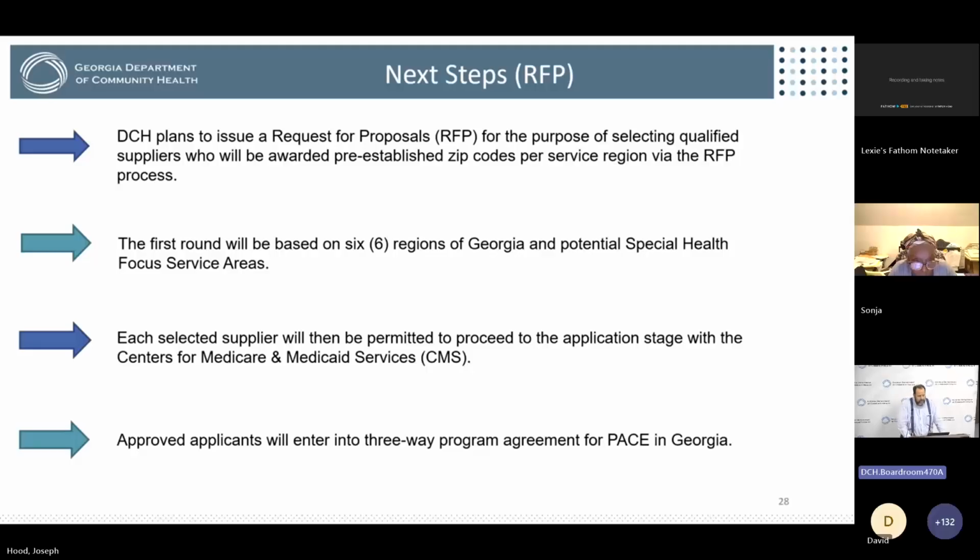Each selected supplier will then be permitted to proceed with the application stage with the Centers for Medicare and Medicaid Services. And approved applicants will enter into a 3-way program agreement to become a PACE center in Georgia.